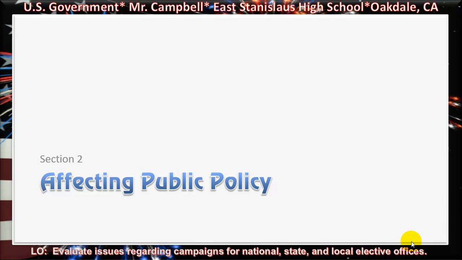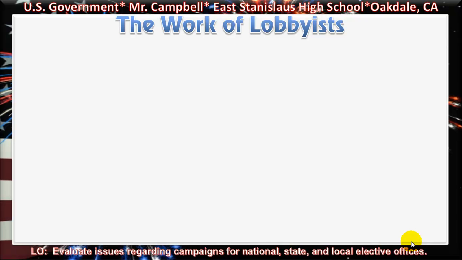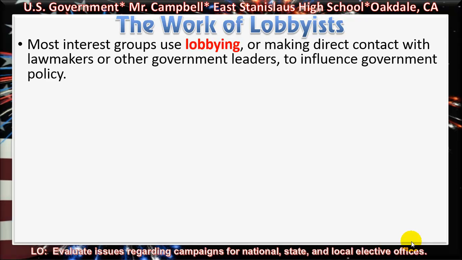Section 2, Affecting Public Policy. The work of lobbyists. Most interest groups use lobbying, or making direct contact with lawmakers or other government leaders, to influence government policy.